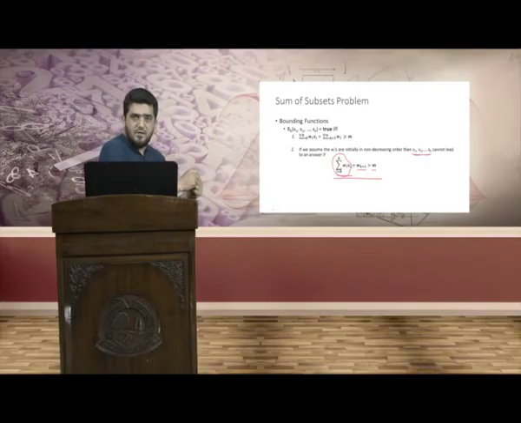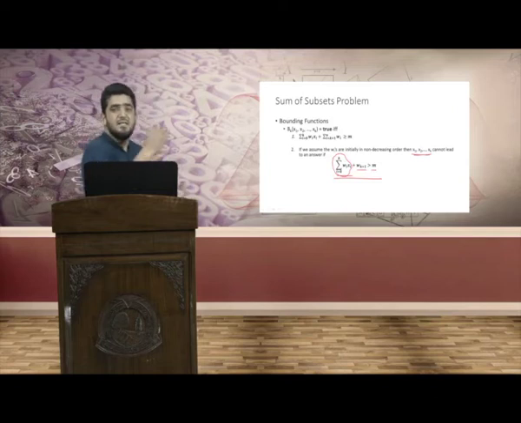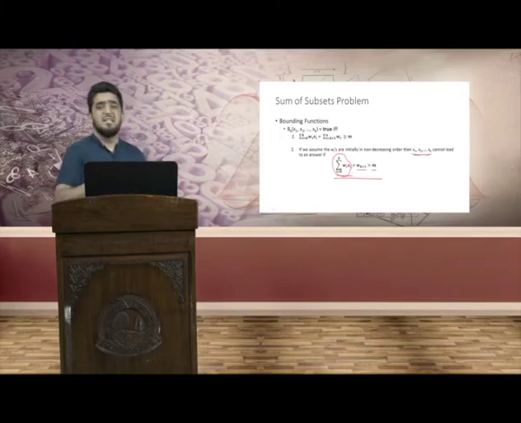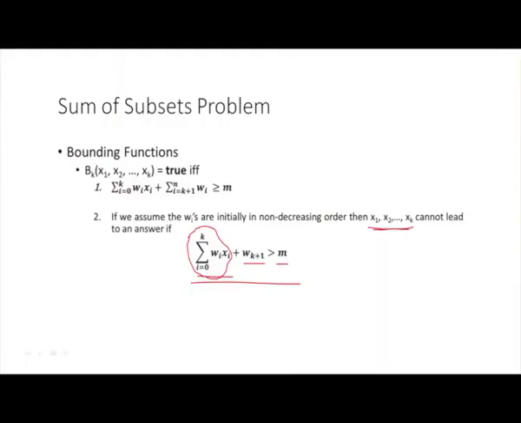If the sum of those weights plus the immediate next weight on which the decision has to be made is greater than m, then obviously we cannot get a solution, because if we keep on adding other weights in the sequence, the value will always be greater than m. It can never be less than or equal to m. So we cannot find a solution if we keep on continuing with this partial vector.